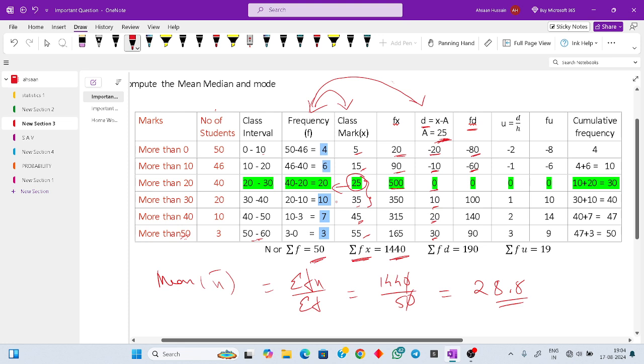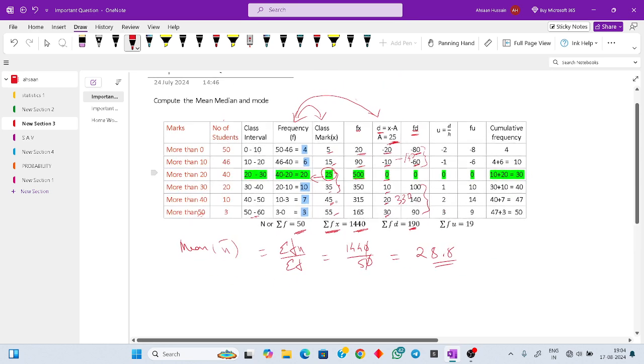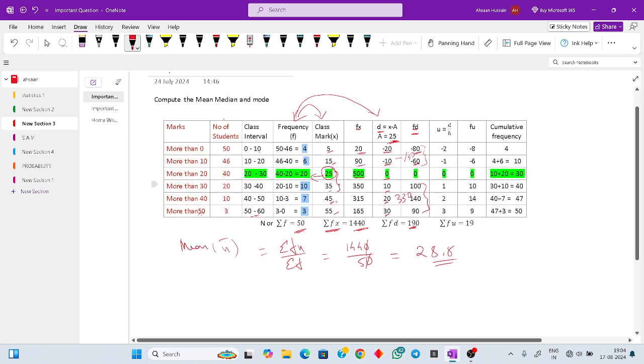So we'll get the answer as positive 190, because the sum of these three positive values is 330 and the sum of these two negative values is minus 140, and 330 minus 140 is 190. Okay, I hope you can do it by yourself. Try to find the mean and median both by yourself.